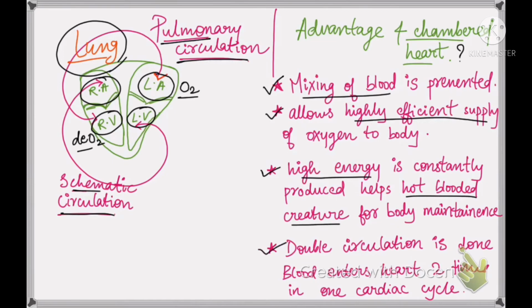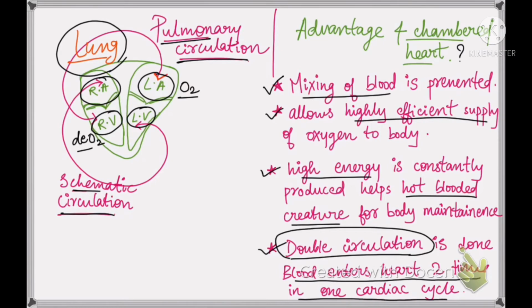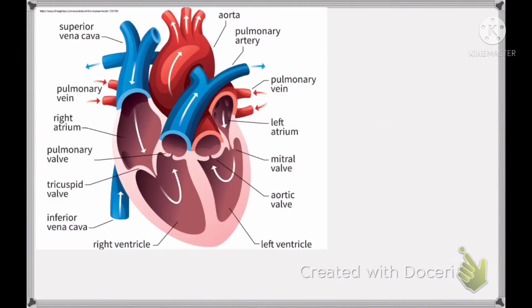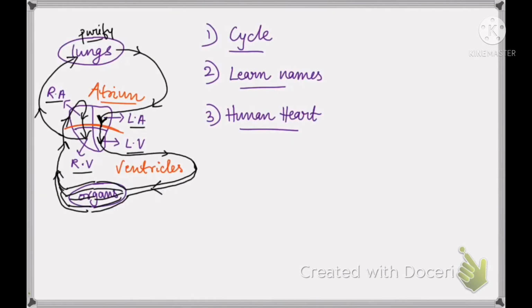So now what is this double circulation? If I explain this to you in simple words, double circulation means that the blood enters the heart twice in one cardiac cycle. Let's again see this older diagram that I had drawn for explaining to you. So as you can see here, first time the blood enters the heart from the lungs, oxygen-rich blood, from left atrium, left ventricle, and then it goes to the organs.